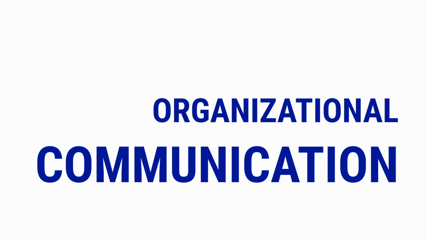Another thing that I wanted to talk about in this video is the communication directions. So we can have different directions for organizational communication. We have upward communication, we have downward communication, and we have lateral communication that we can also label as horizontal communication.